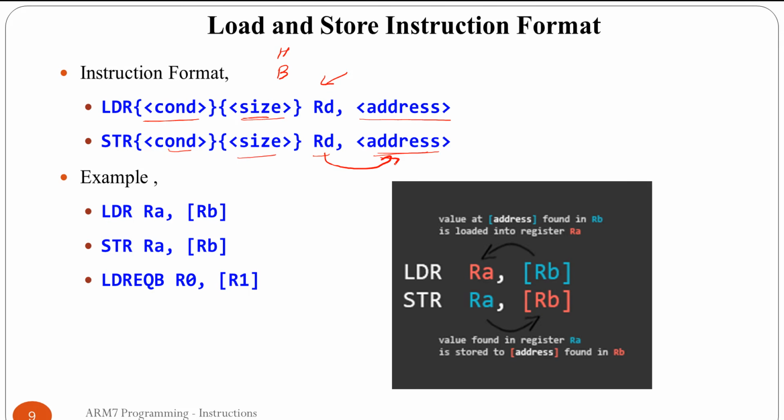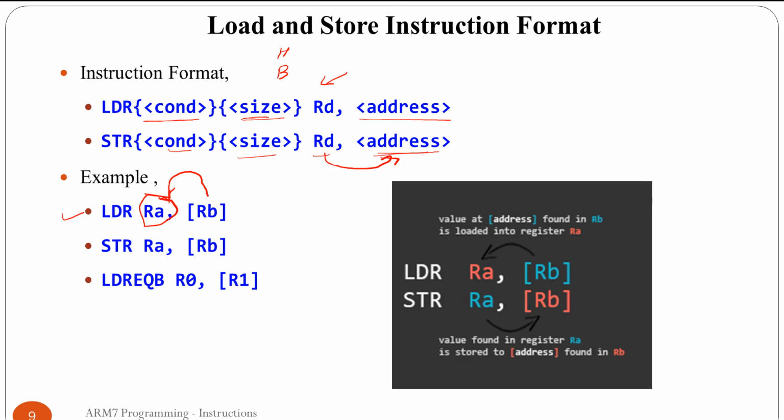Now we have this example. Please try to understand this basic example. LDR Ra, [Rb]. In this case the Ra register will be loaded with the data which is pointed to by the Rb register. So data will be copied from the address pointed to by the Rb register into the Ra register.